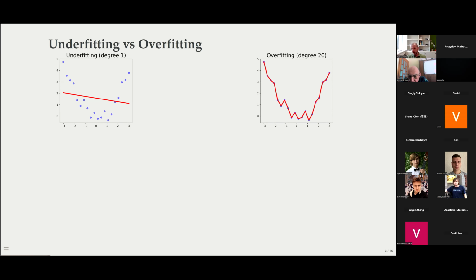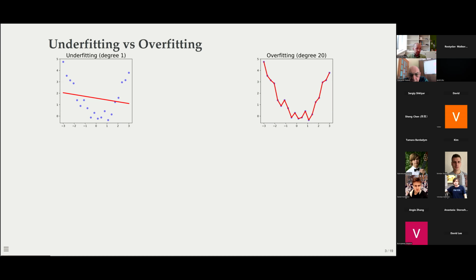In the first case, we call it underfitting. We use very few parameters, and because of this, our model is very poor. We cannot learn our data set well. In the second case, overfitting, we use too many parameters, and because of that, we basically went through each individual point, but our model won't generalize well to the next points.